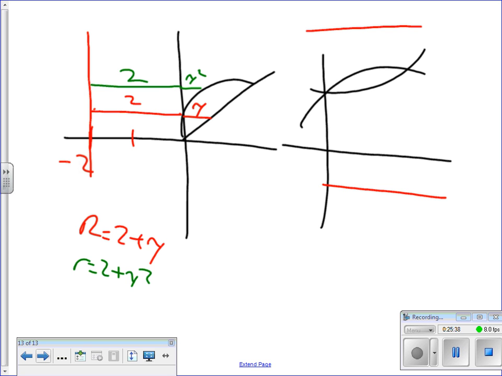For this one, you take this distance here and add it to whatever my function is. Let's say that's -1. For the other, this distance, let's say this is 3, would be 3 minus whatever that function is. This one would be plus whatever my function is to get from here to there. Very important difference between the two.